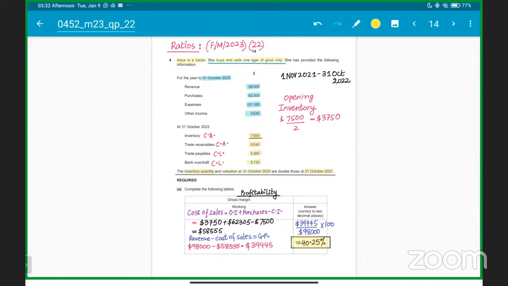Then we move forward. Okay, moving forward. Got this clear? Understood?